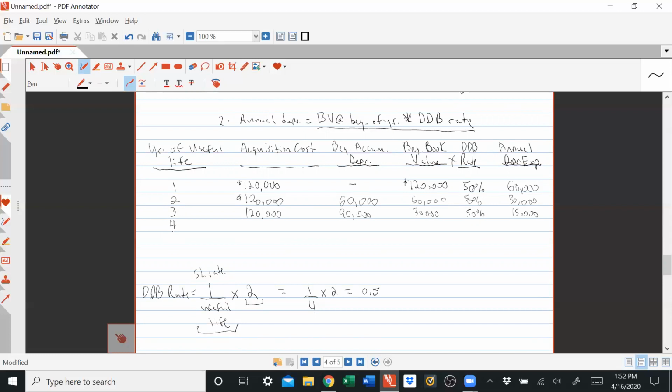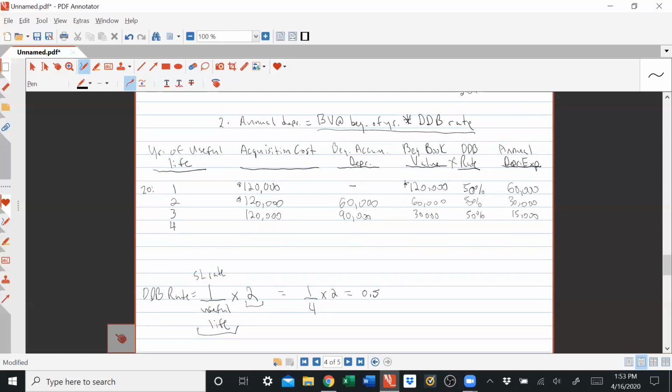Year 4, so I guess this is 2018, 2019, 2020, 2021. Beginning accumulated depreciation at the beginning of 2021. Well, it would be whatever it was at the beginning of 2020, 90,000, plus the depreciation we recognized during 2020, 15,000.